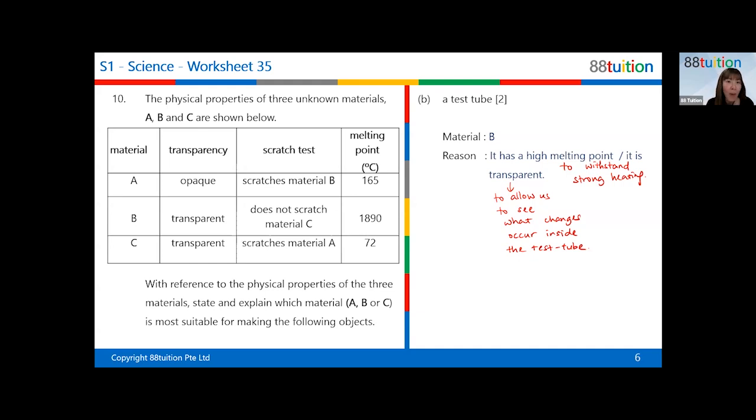Let me give you one very good example. You know a material known as Kevlar? Kevlar is a very strong heat-resistant fiber.